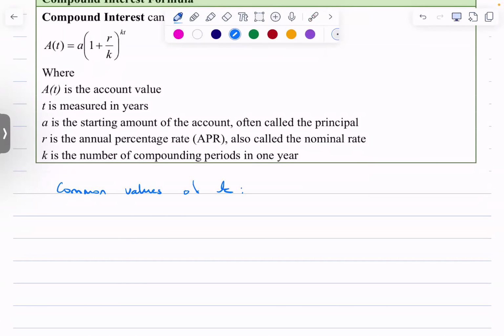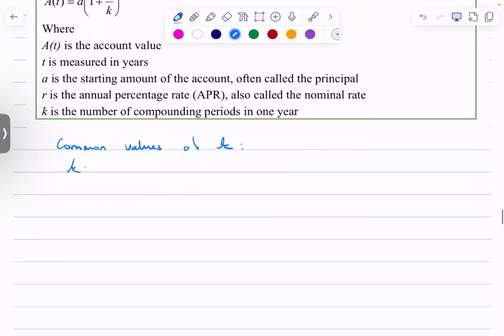So if K is 1, then it's compounding annually, which can happen. Right? So at the end of each year, they figure out how much interest you earned, they tack it on to the principal amount that you invested, and then for the next year, you earn money on the principal that you invested as well as the interest that you earned from the previous year.